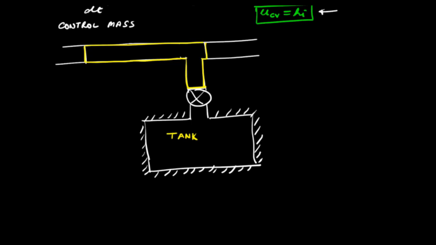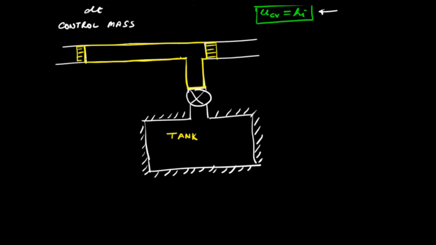And for control mass, we are considering the mass of the substance of a given identity. So let's replace these boundaries by some virtual pistons as we had done earlier, just to signify that there's no mass transfer across these boundaries.